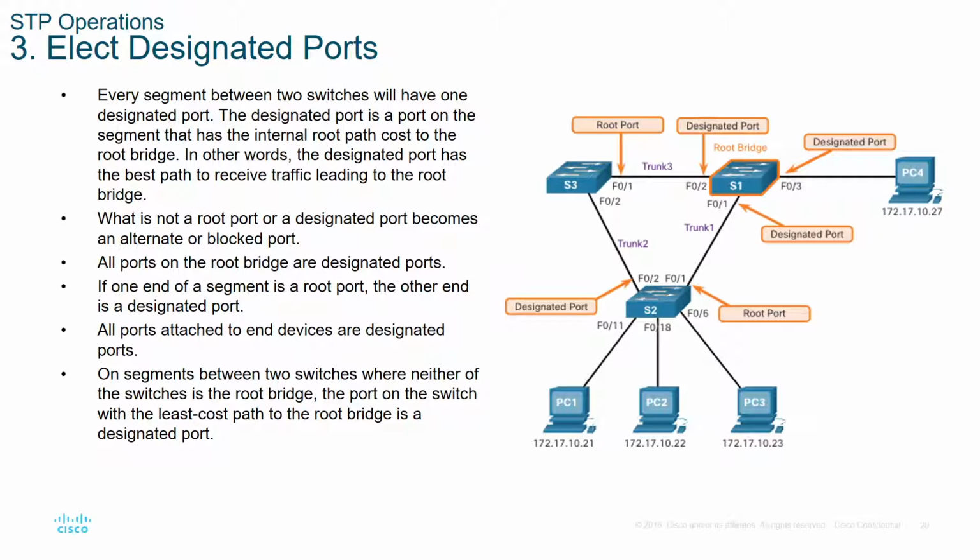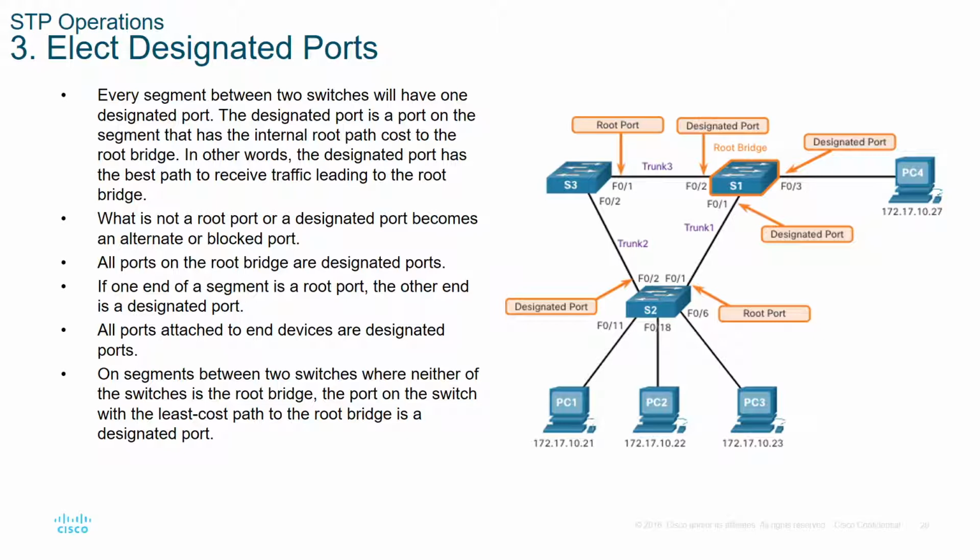What is not a root port or designated port becomes an alternate or blocked port. All ports on the root bridge are designated ports. If one end of a segment is a root port, the other end is a designated port. All ports attached to end devices are designated ports. On segments between 2 switches where neither of the switches is a root bridge, the port on the switch with the least cost path to the root bridge is also a designated port.